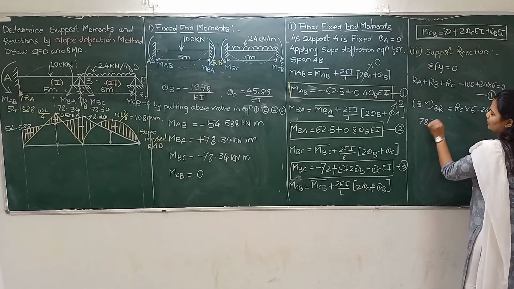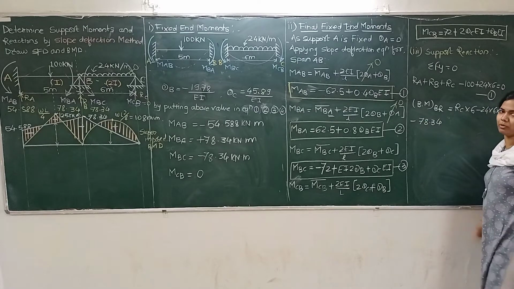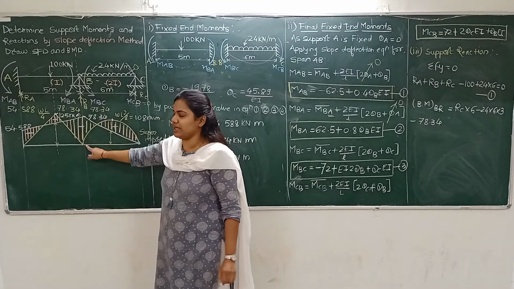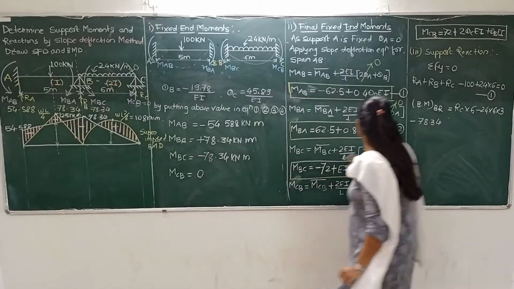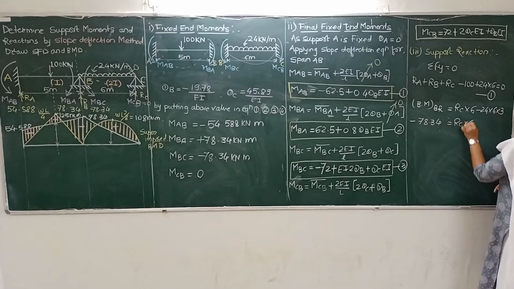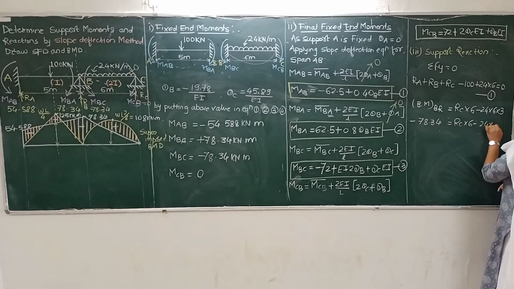Because the net value of bending moment at B is hogging in nature, you can see here it is 78.34. So you have to equate 78.34 is equal to RC into 6 minus 24 into 6 into 3.